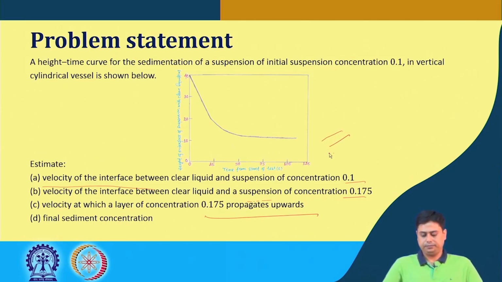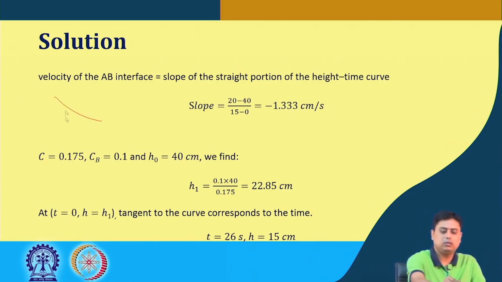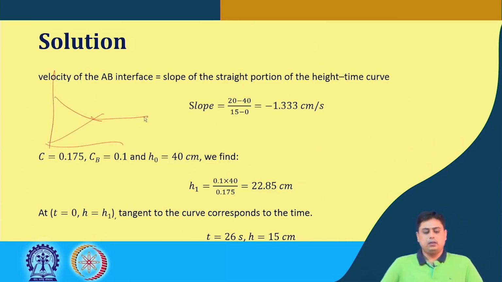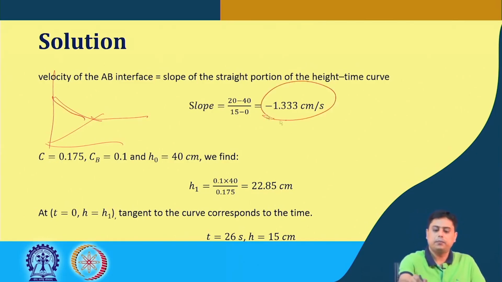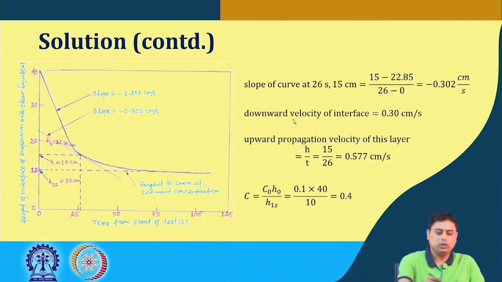How do we do that? If we say A is the clear liquid portion and B is the suspension, then the velocity of this AB interface is basically the slope of the straight portion in the height time curve. This is what we have seen earlier as well. This straight portion slope comes out to be 1.33 centimeter per second.